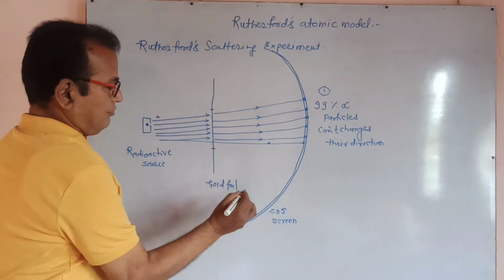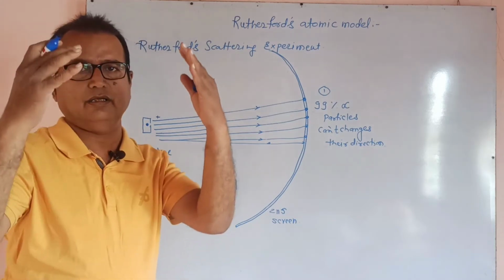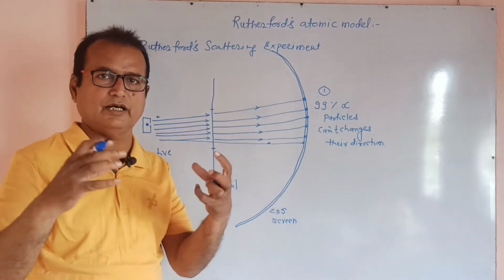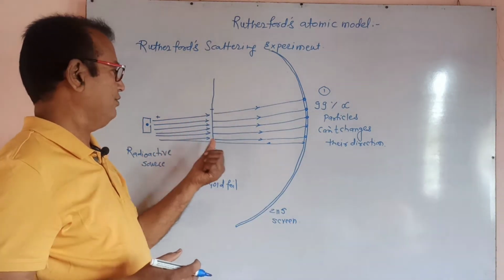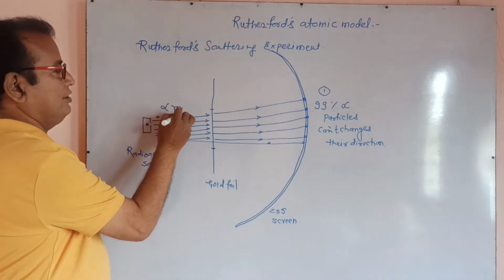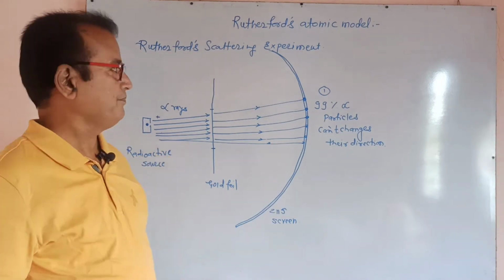So many atoms are present in this gold foil, connected closely with each other, and the alpha rays continuously pass through it. It is our first observation.